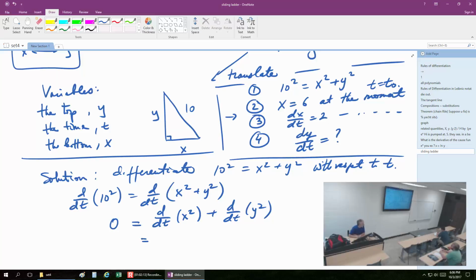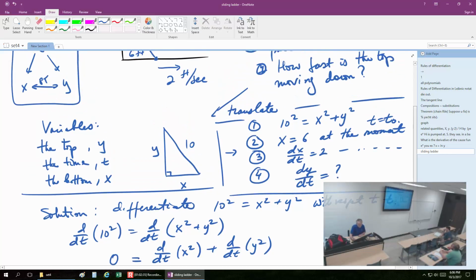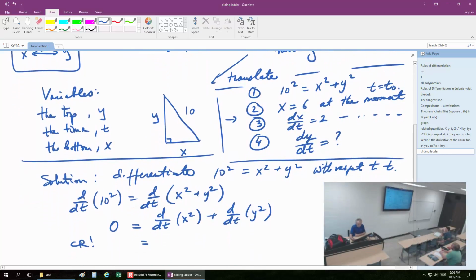Once again, you differentiate x squared with respect to x, that's what you did. But x is a function of t. It's actually the chain rule, what we did yesterday, remember? We are differentiating with respect to t, the variable that's not present there. But x does depend on t. Remember that diagram over there?